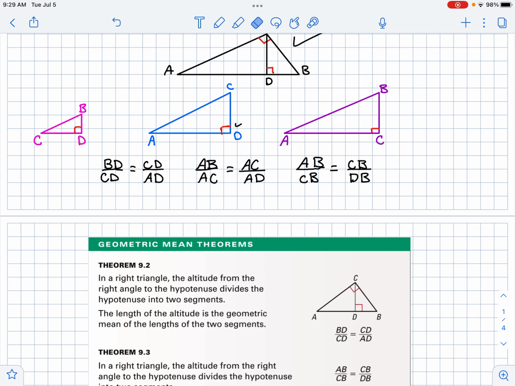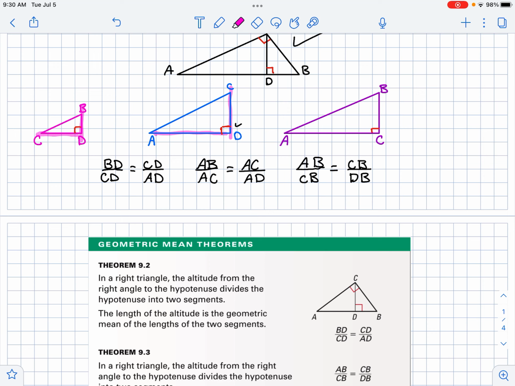Let's take a moment and just observe something. Notice that BD, this thing right here, is to CD, what CD, this one right here, is to AD.